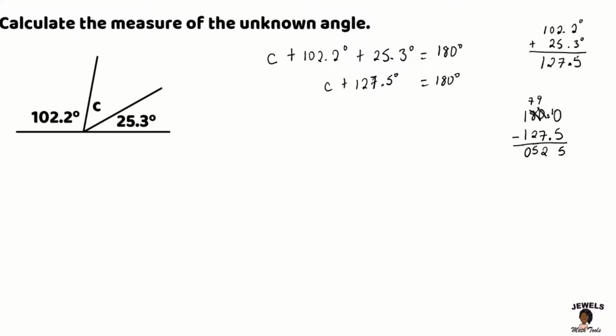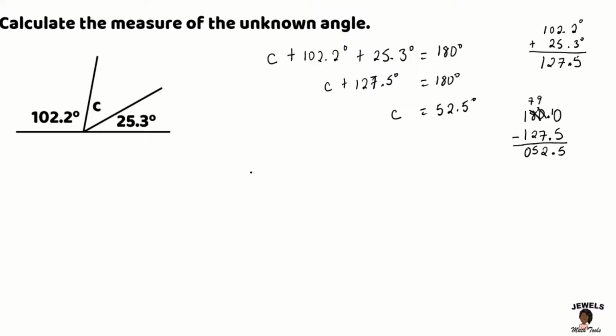And just like with our addition, we're going to drop our decimal point right down from where it is. So my angle C will equal 52.5 degrees.